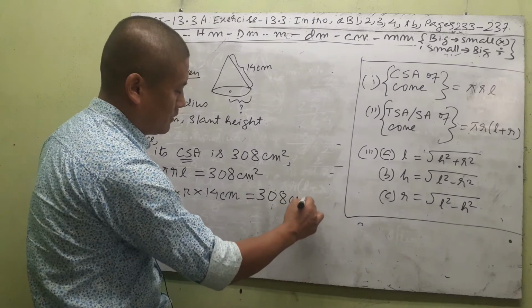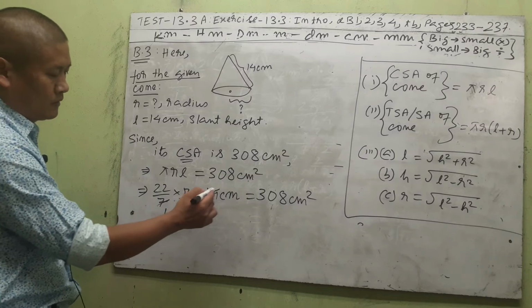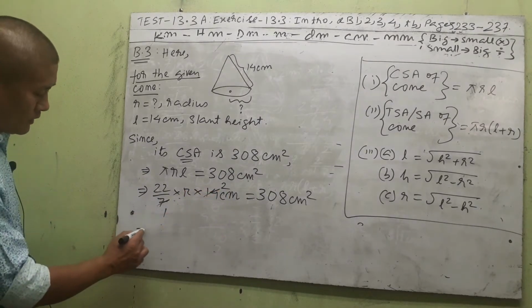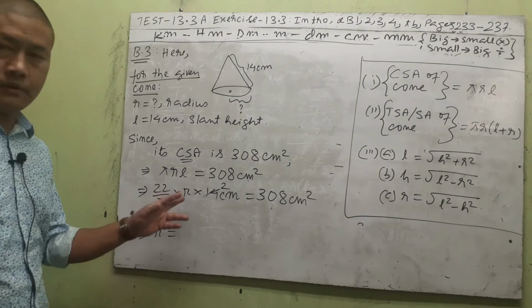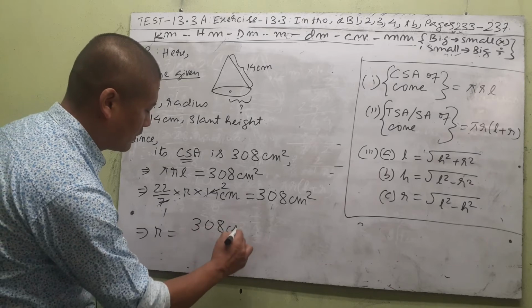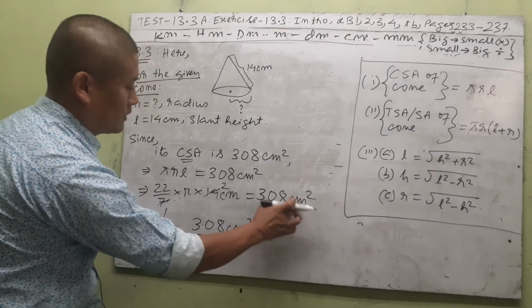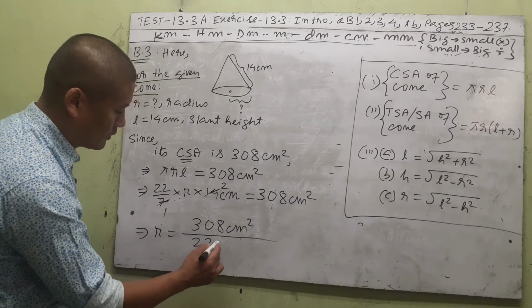Equal to 308 centimeter square. 7 1s are 7, 7 2s are 14, we can cancel. So this R, keep it on the left side still, and then here 308 centimeter square, so we can just keep it. We shift this 22 on the numerator and go down to denominator.